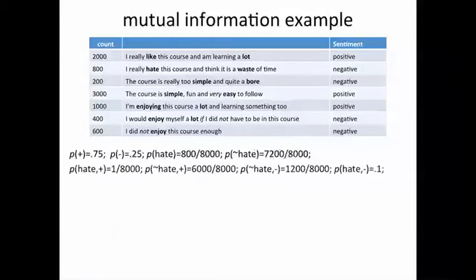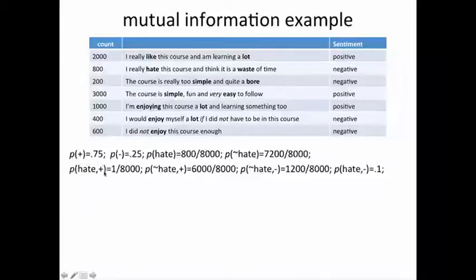The joint probabilities are a little more tricky. They're a little different from the conditional probabilities that we had earlier. For example, the probability that hate does not occur in a positive comment is, well, it's all the positive comments, that is 6,000 of them, but we divide by the total number of comments because this is the joint probability rather than the conditional one.